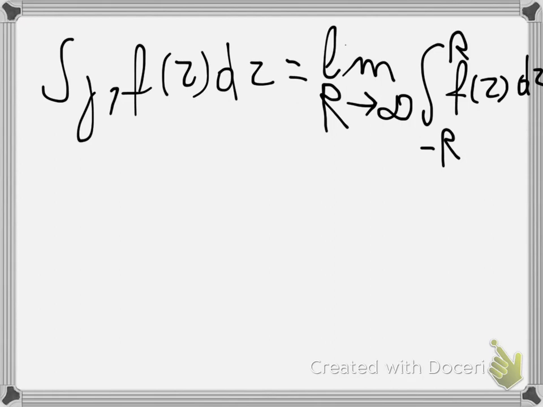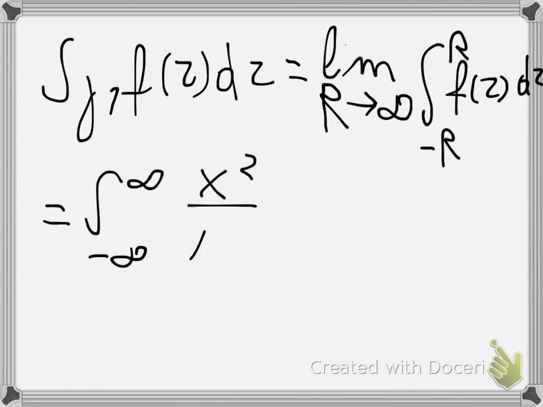That gives us the integral from negative infinity to infinity of the function we had at the beginning, and our second integral will just give us 0.